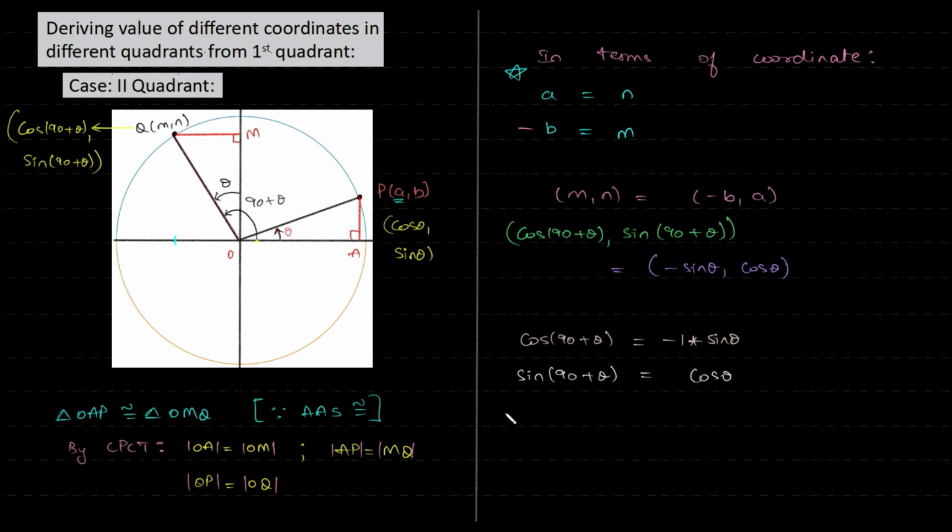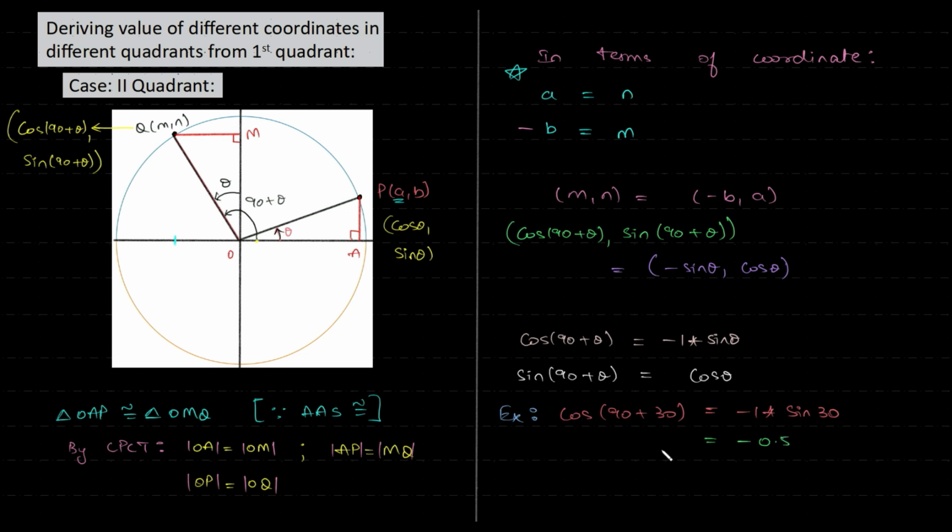So I'll give an example now. Example, cos of 90 plus 30, that is how much? Cos 120 is minus 1 into sine of 30. Okay, so sine 30 is what? Minus 1 into sine of 30 is half, so minus 0.5.